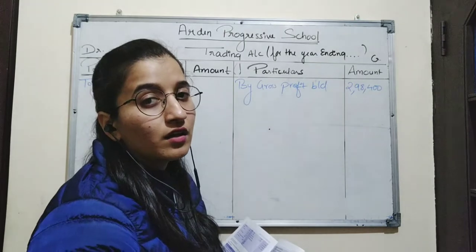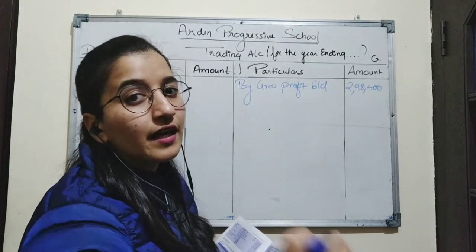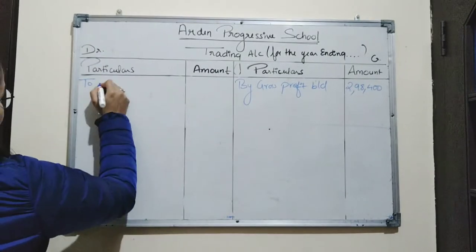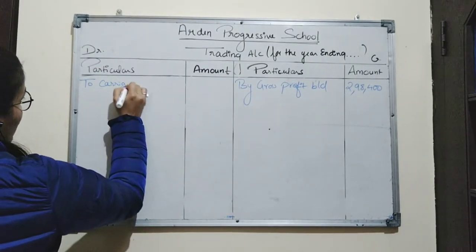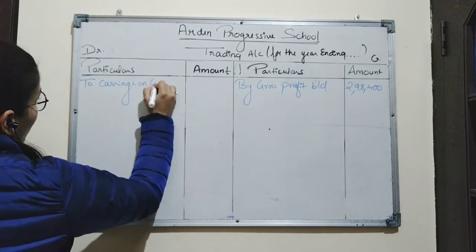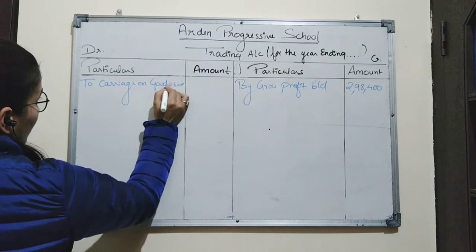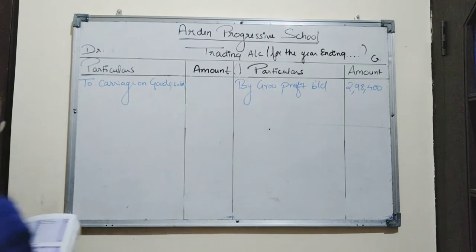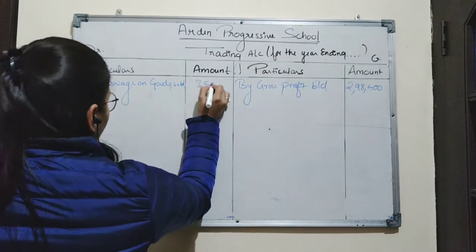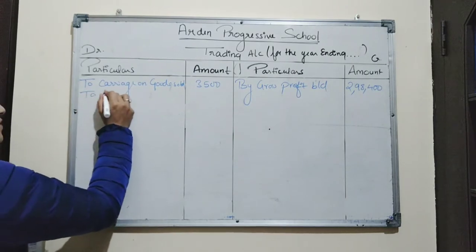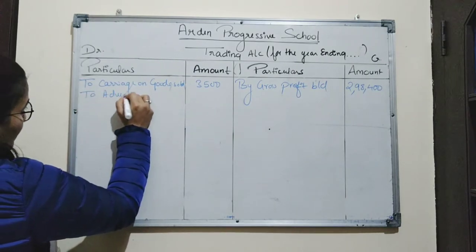After sale, the goods are considered as indirect expenses. So here we will write to carriage on goods sold. Amount is rupees 3,500. Then advertisement expenses, which is an indirect expense.